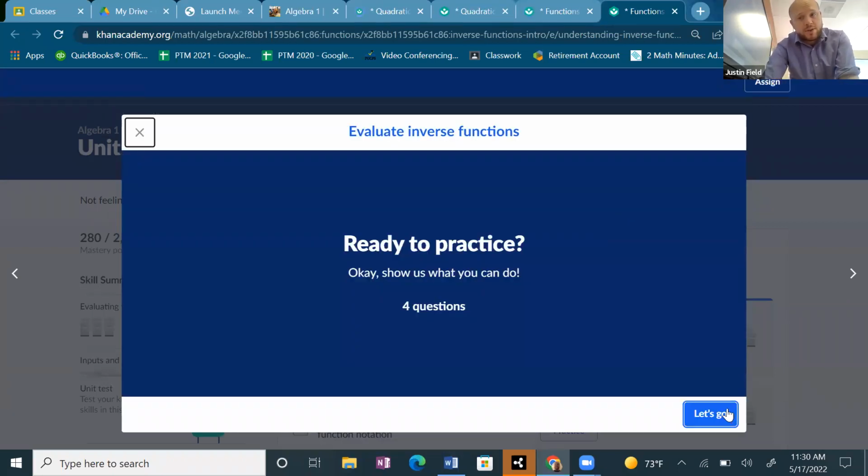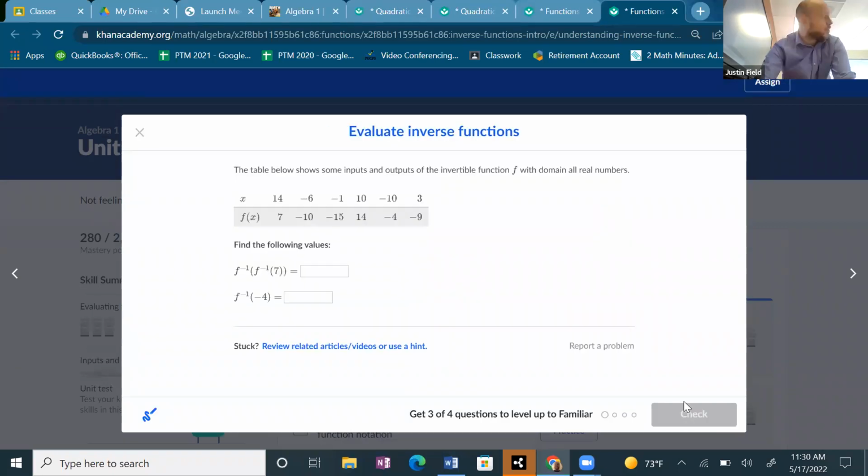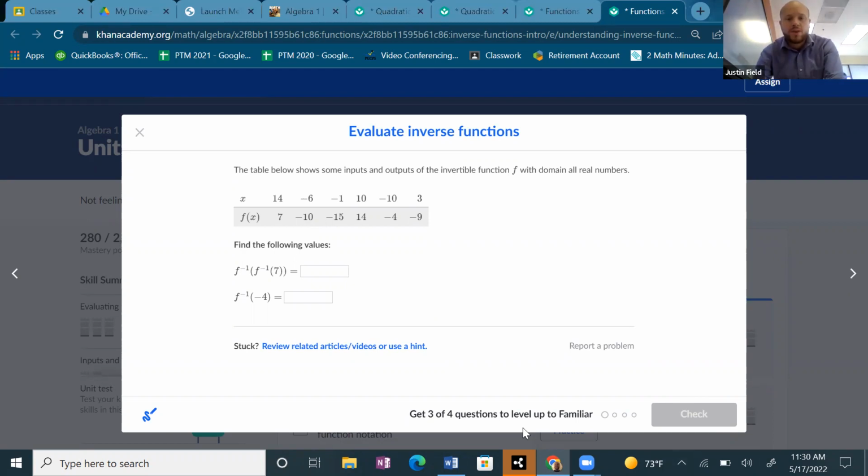So we know about inverse operations. Inverse operations are the opposite operations, like addition, subtraction, multiplication, division. But inverse functions are based on the inverse operation, and we define them in a different way. Okay, so let's put basics here.